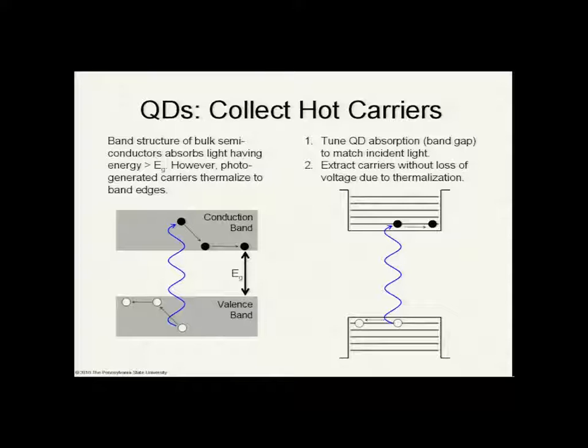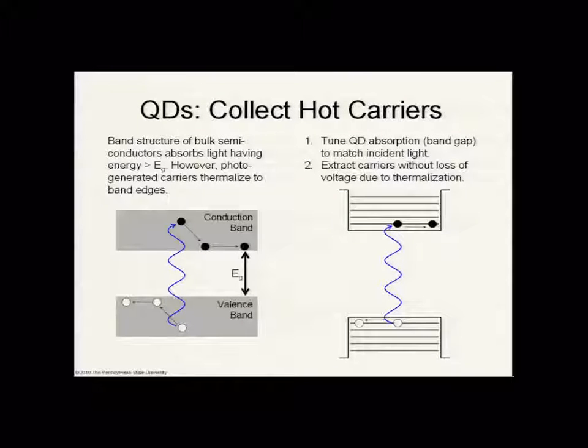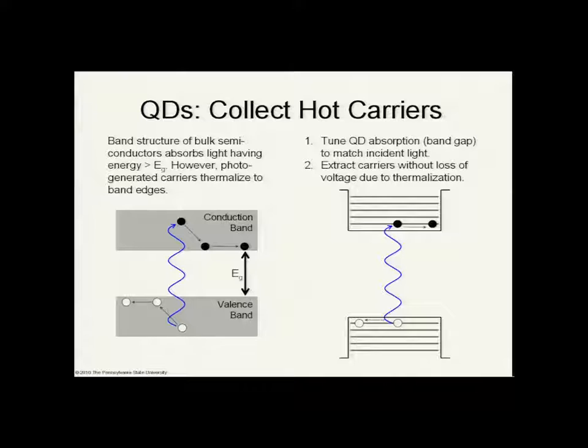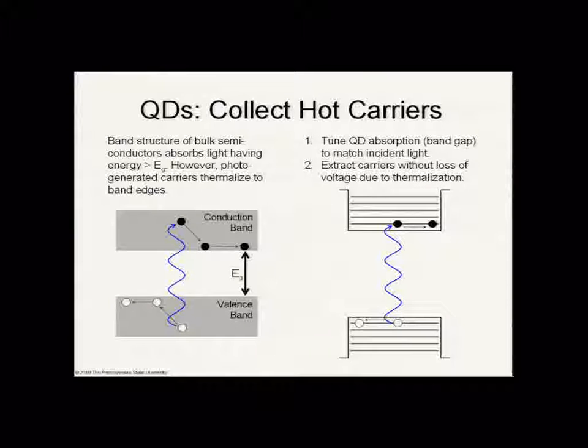Quantum dots, collecting hot carriers. The band structure of bulk semiconductors absorbs light having energy greater than the band gap. However, photo-generated carriers often thermalize to the band edges, as we can see in the figure on the left. On the right, we see that if we tune quantum dot absorption, we fabricate the correct size for the correct band gap, we can do this to match the incident light.